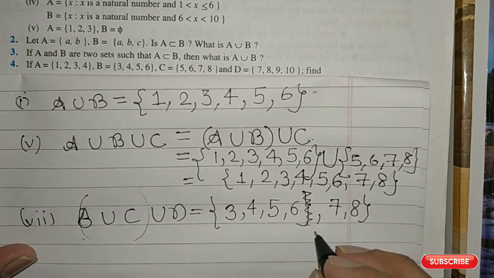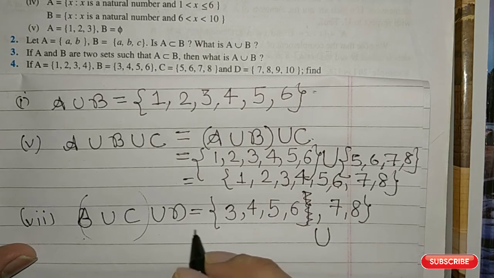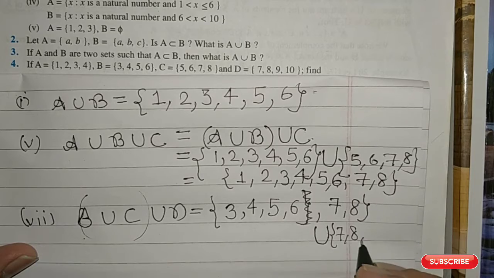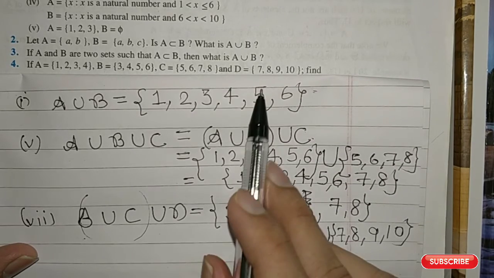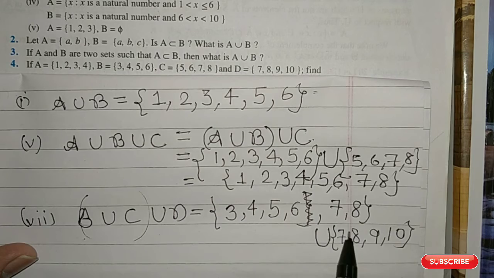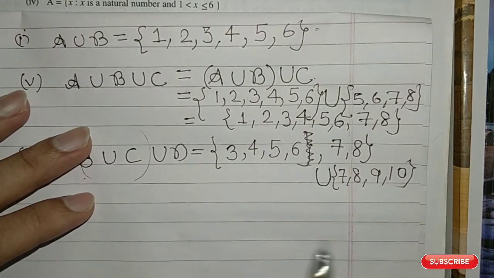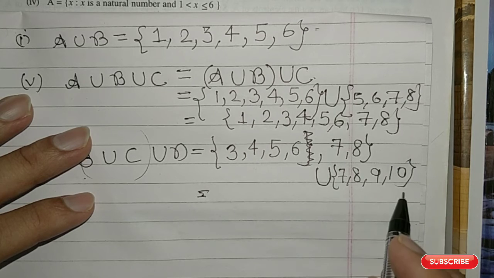And then you have to take that union with the set D. So the set D is what? 7, 8, 9, 10. Now here you have to take the union of these two sets.